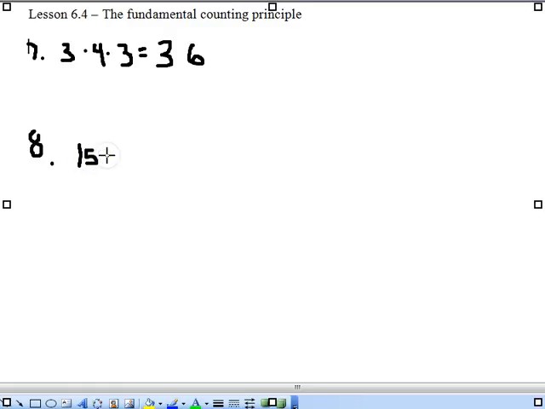Okay, and you're going to multiply it. Now, when you go to choose your vice president, you no longer have 15 students to choose from because you've already selected one student as the president. So when you go to select the vice president, you only have 14 students to choose from. So that's the next number that you're going to put.